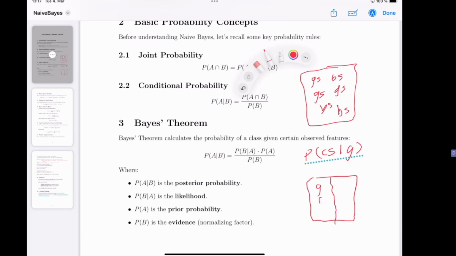Girls are here, boys are here. Then you go in this subset and you count how many of the girls are computer science students. But we should not forget that we have been in the bigger set. You cannot simply count the computer science students who are girls and divide them by the number of girls. No.